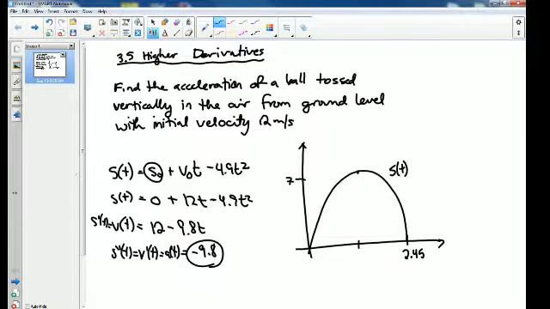Okay, so here's the position function, right? Can you draw the velocity function? What's the velocity here? 0.